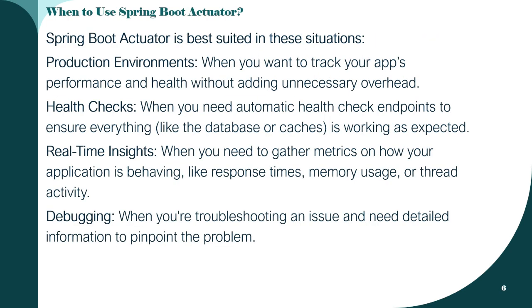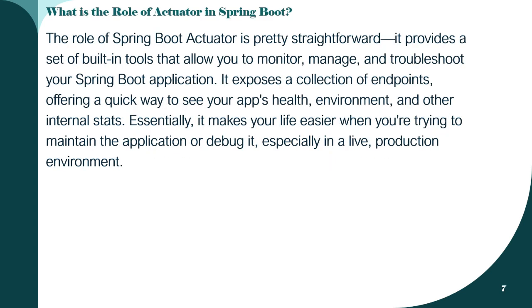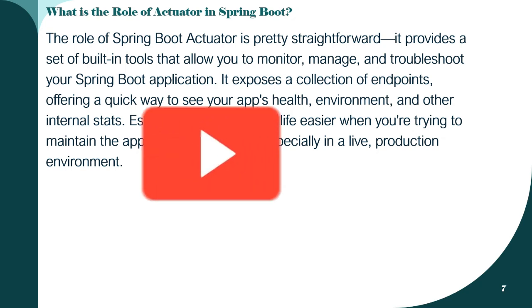Now when to use it? It is best for applications deployed in production, so that you can track performance and check the health of your application. You want to get insight into the real-time data of the application, you want to debug or troubleshoot something, you need some details about it, that is where we will use it. The role it plays is pretty straightforward.